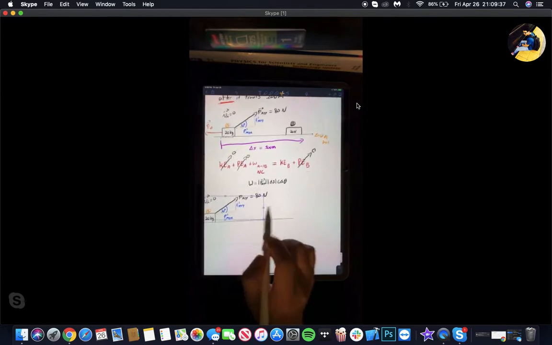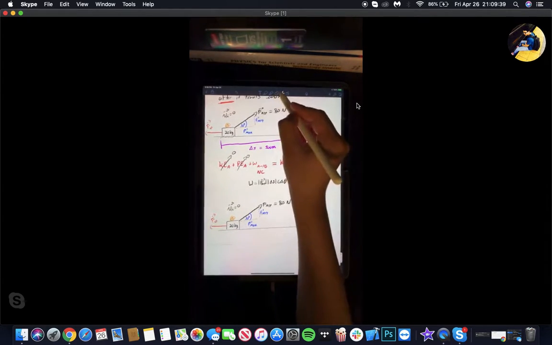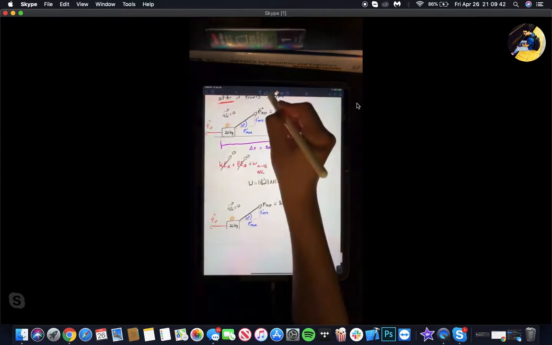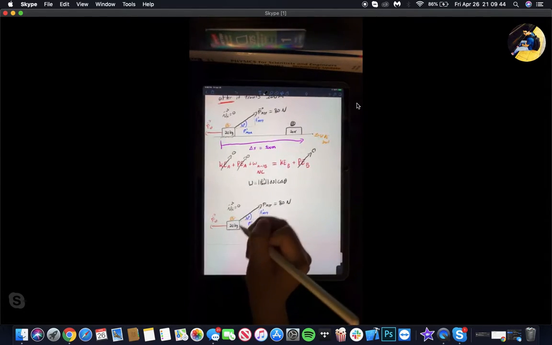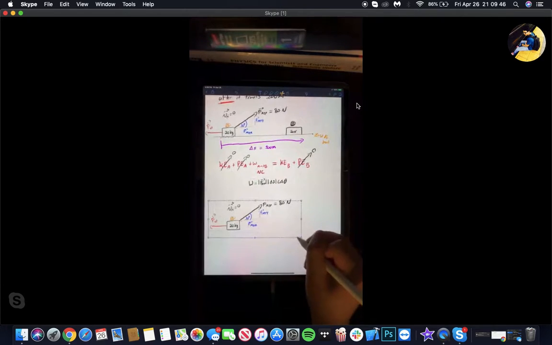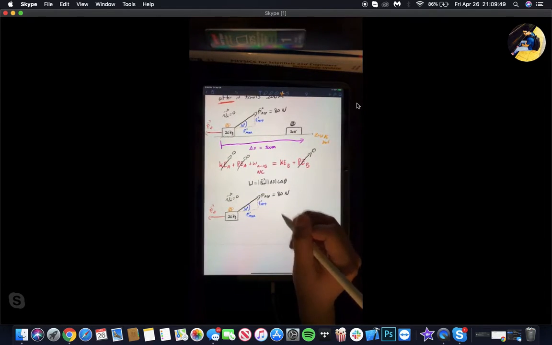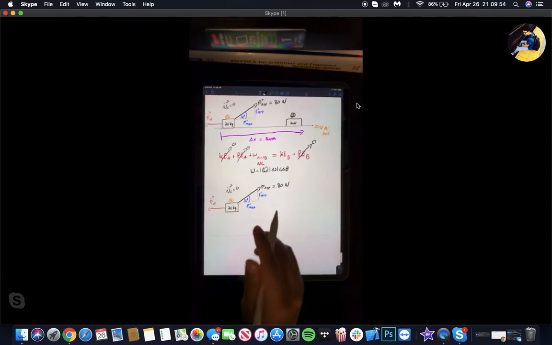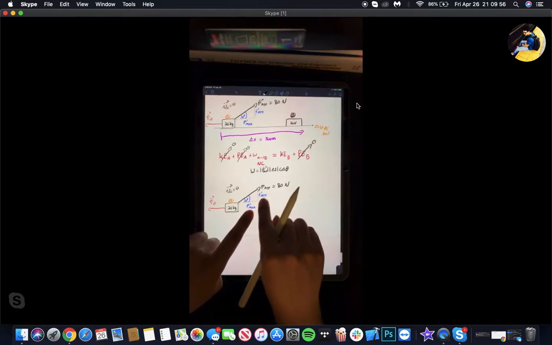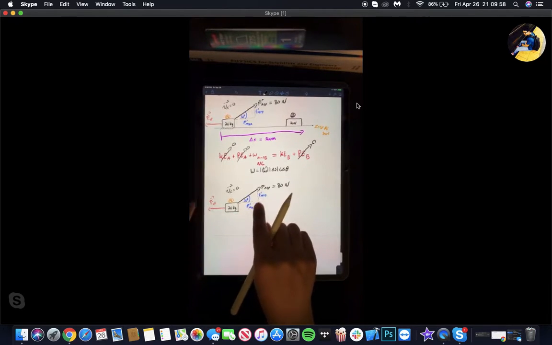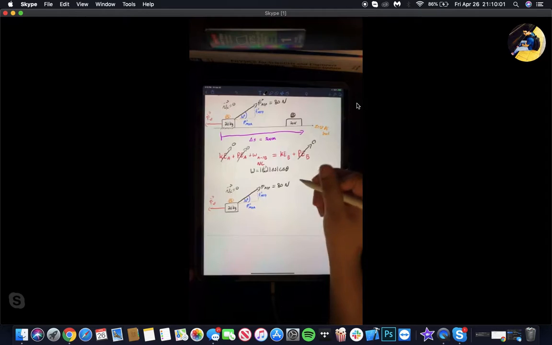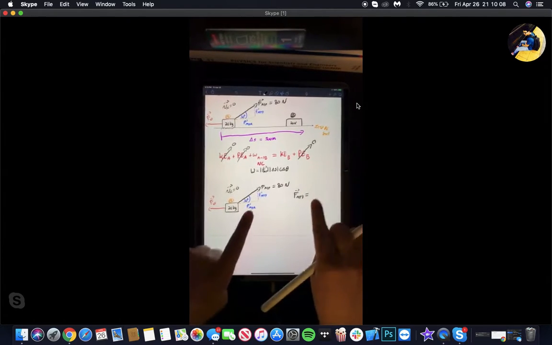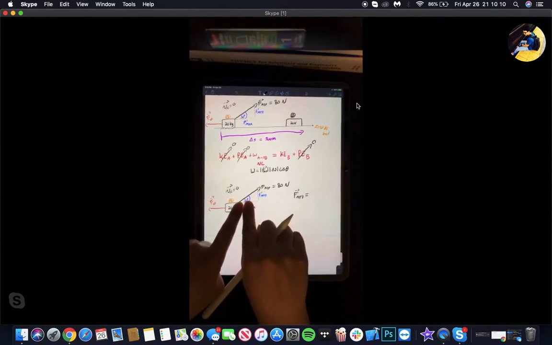So F net will be used to find work of non-conservative. We would have to do magnitude. The 80 newtons, well, remember, we're going to break down these components. F applied of Y over H, which is sine.